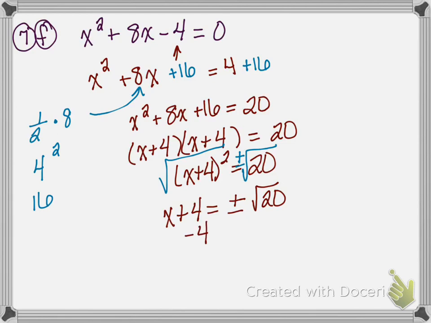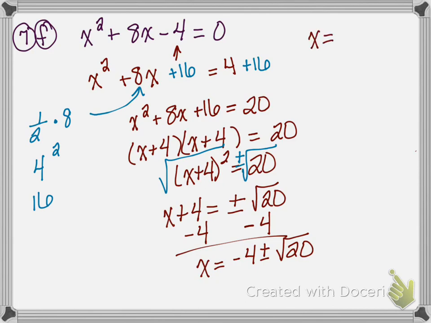Then I subtract 4 from both sides, and I'm left with x equals negative 4 plus or minus the square root of 20. Now, we have to ask ourselves, can that square root of 20 be simplified further? And it can be simplified. There is a perfect square factor in there, and that perfect square factor is 4.